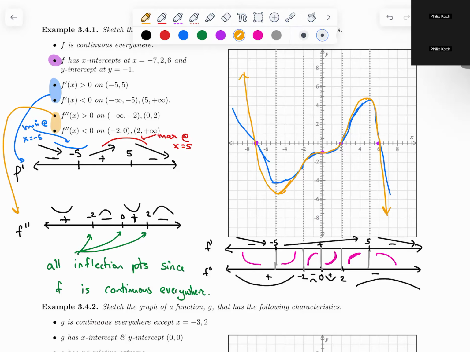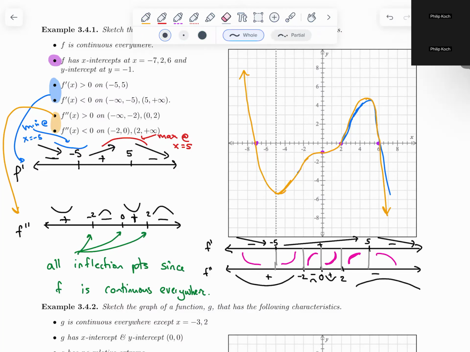And there we have it. That's a much better looking version of the graph. And I can erase all those lines. There we go. So it goes from increasing and concave up, concave down, concave up, concave down, and we're good.